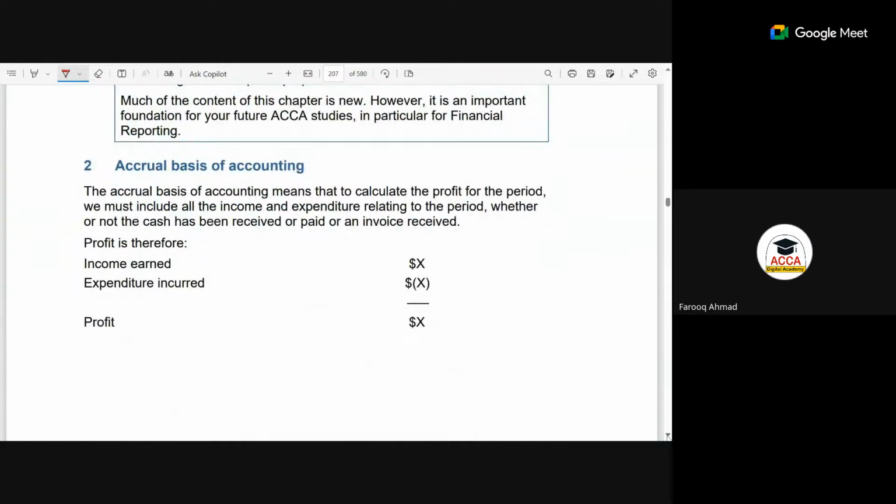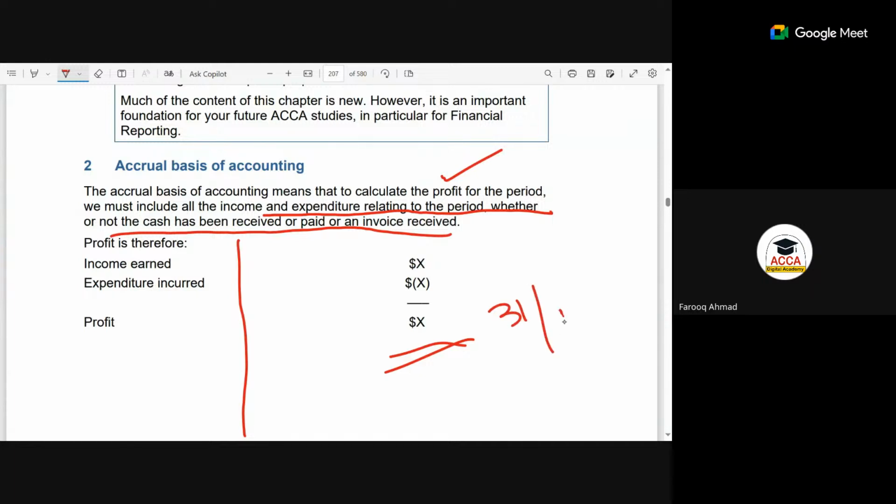Accrual basis accounting means that in calculating profit for a period we must include all income and expenditure relating to the period, whether or not cash has been received or paid. This is to show accurate profit and accurate expenditure for the specific period, for example to find the exact profit for 31st December 2025.